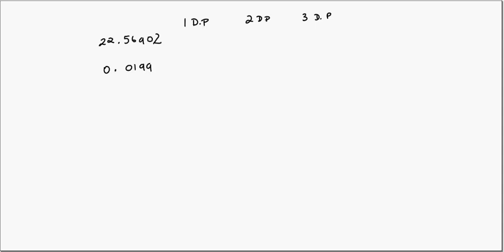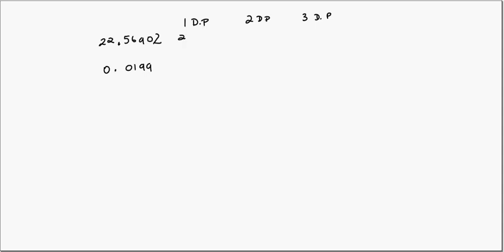Okay, so if we have to round off 22.56902 to 1 decimal place, and we follow the procedure, you say check from the decimal point to the right. So we're checking from this decimal point here, and we're moving to the right however many decimal places we're interested in. So if you go in 1 decimal place, correct to 1 decimal place, this will be 22.5.